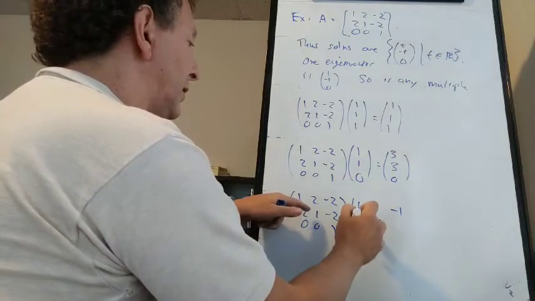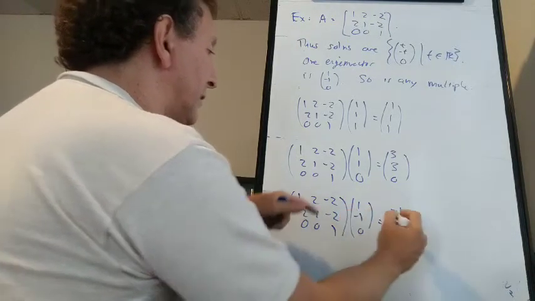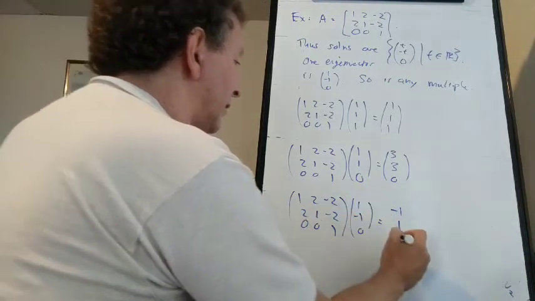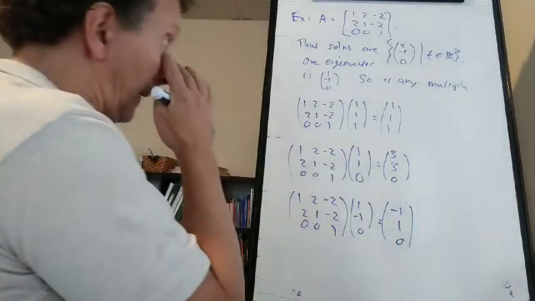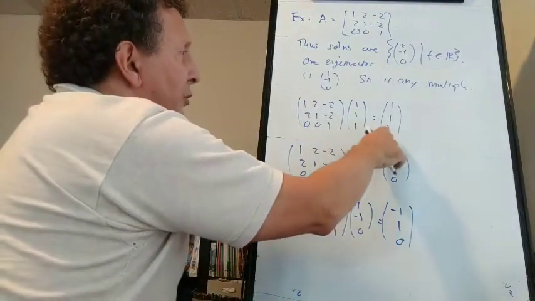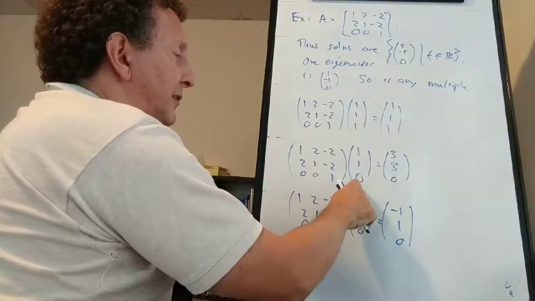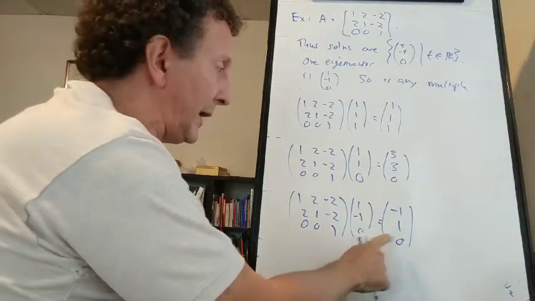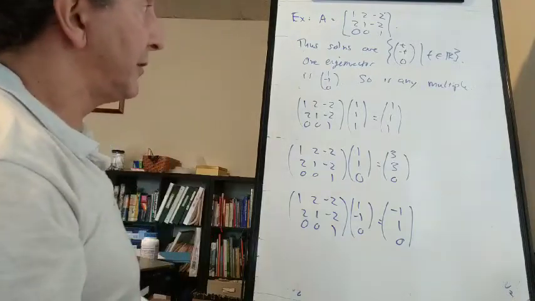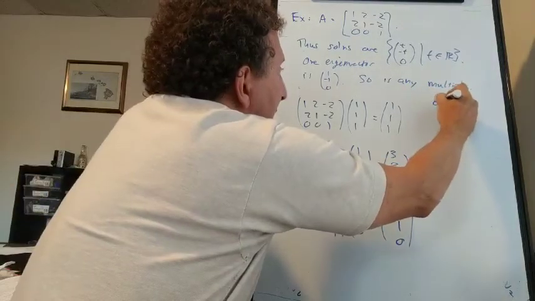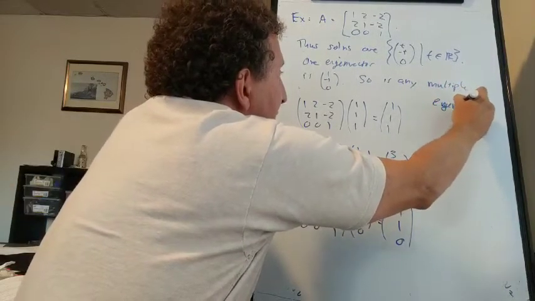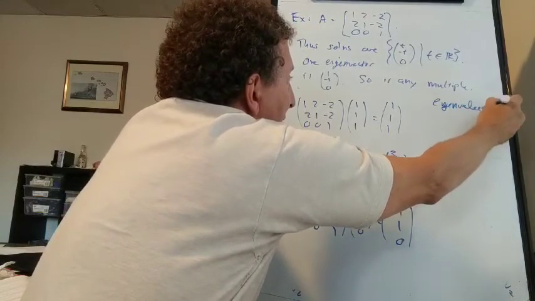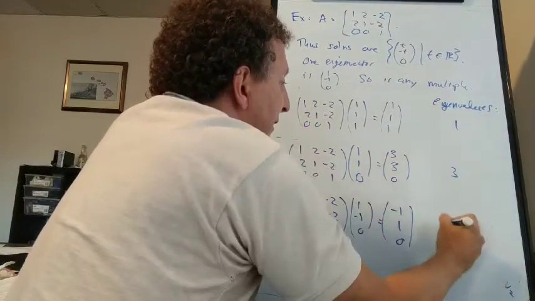And then 2 minus 1 is positive 1. 0, 0, 0. So this vector gets mapped to 1 times itself. This vector gets mapped to 3 times itself. And this vector gets mapped to negative 1 times itself. And the eigenvalues are 1, 3, and negative 1.